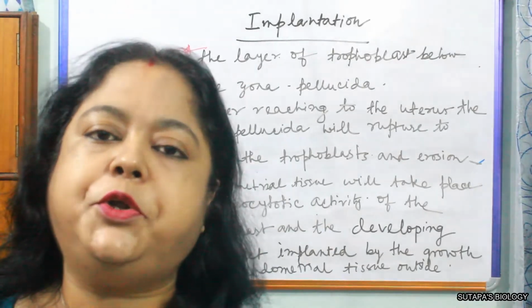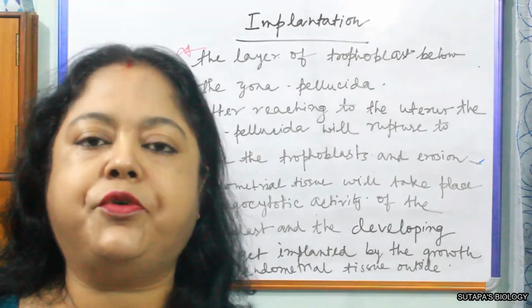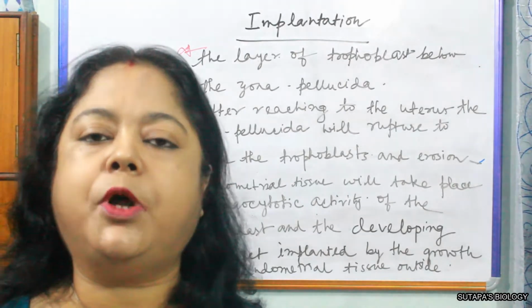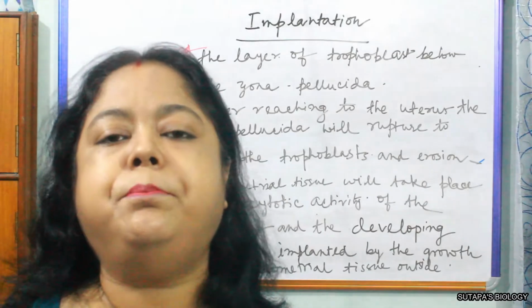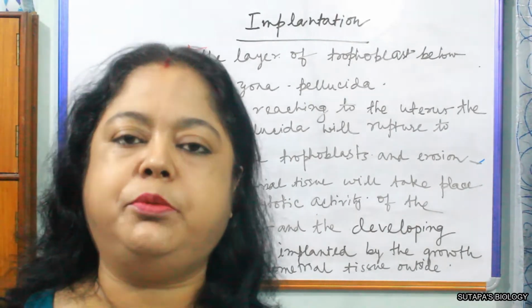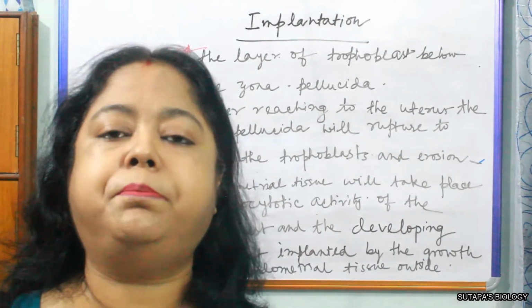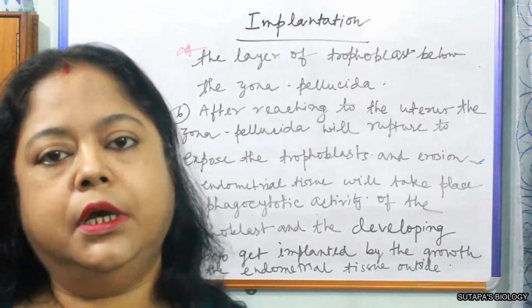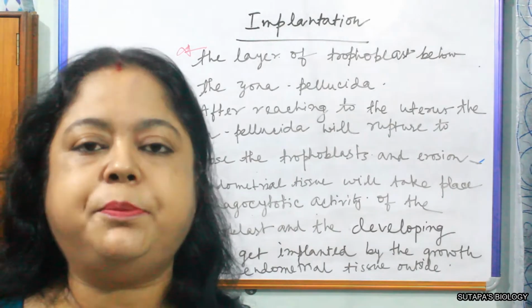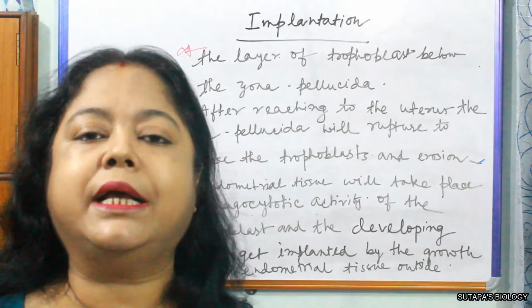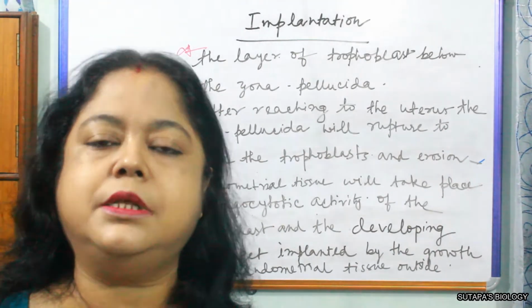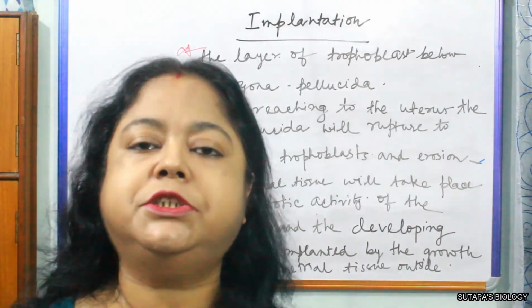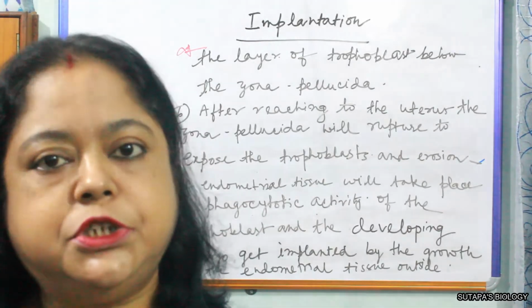It might be the fallopian tube or any other part of the uterus where the endometrium is not so thick. Actually, the proper place to implant the embryo inside the endometrium is mostly the fundus of the uterus, as fundus is the dome shaped region where maximum muscle is present, so the embryo can get nourished and procure its nutrition properly.